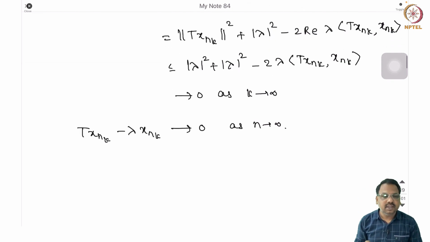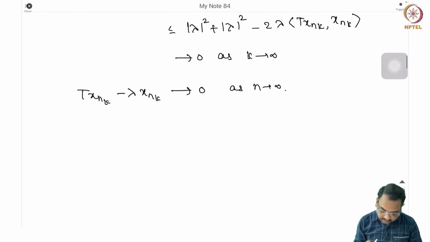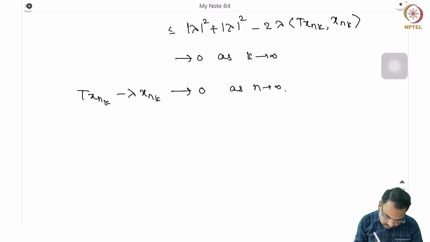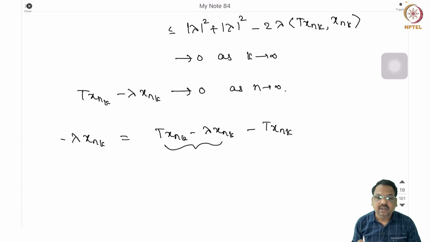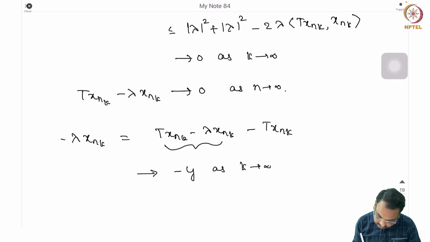Now we know that T xnk also converges to y, so from this we can conclude something about lambda xnk. We can write minus lambda xnk as T xnk minus lambda xnk minus T xnk. The first term goes to 0 and T xnk converges to y, so on the whole this goes to minus y as k goes to infinity.